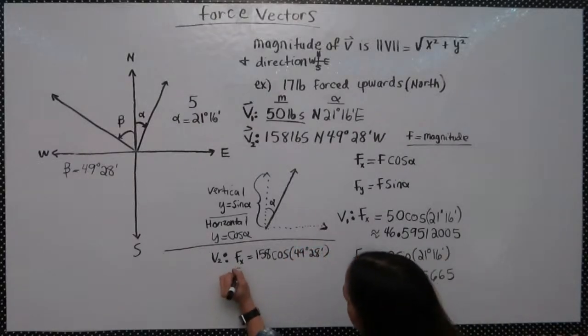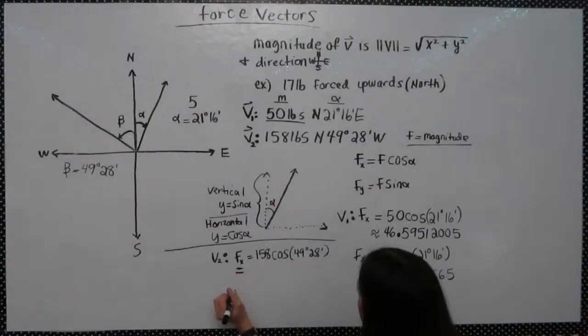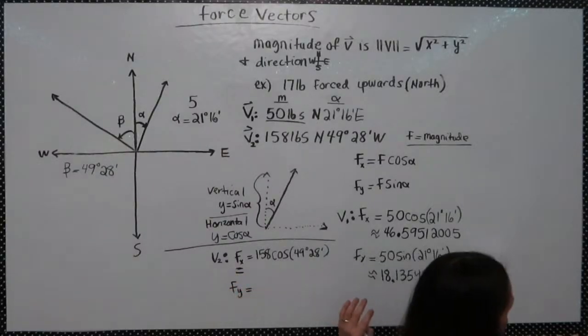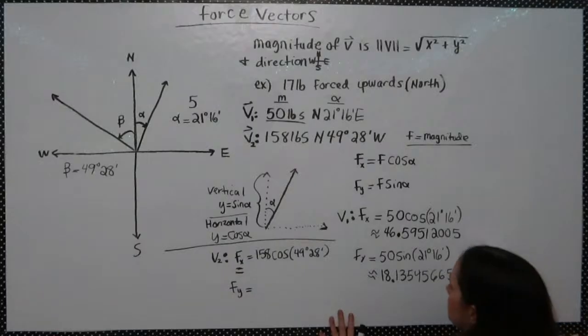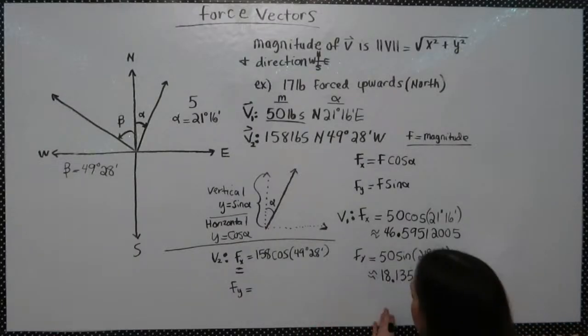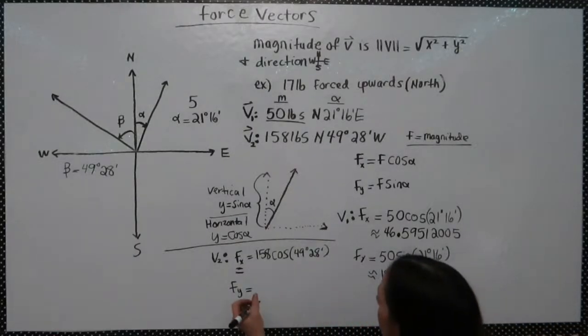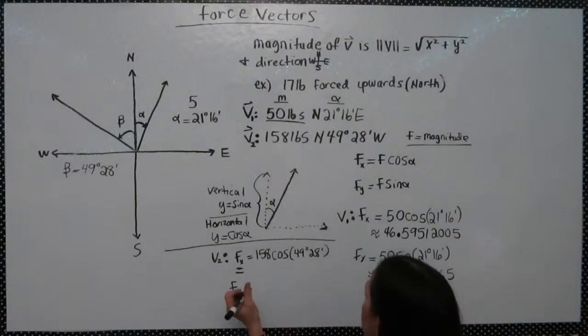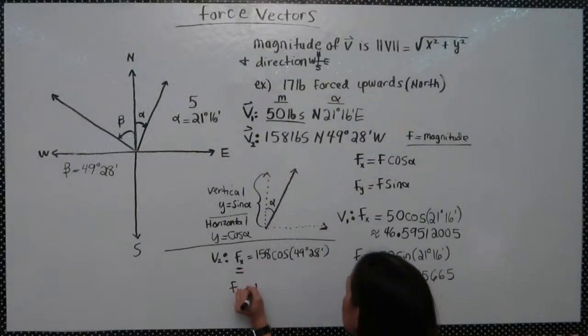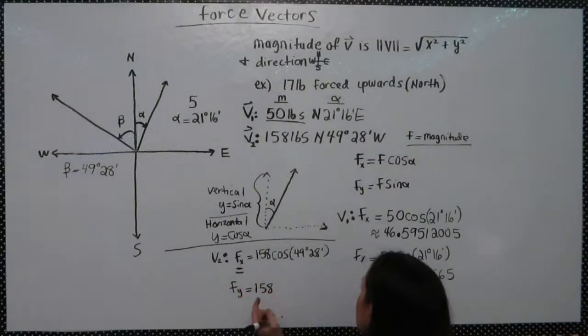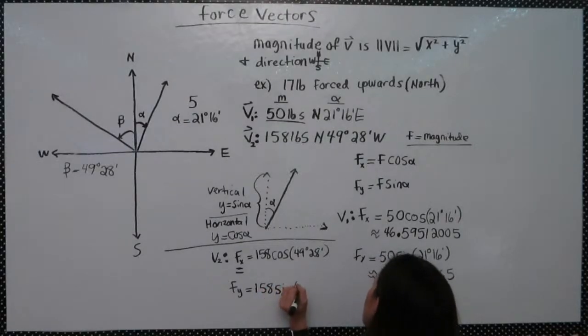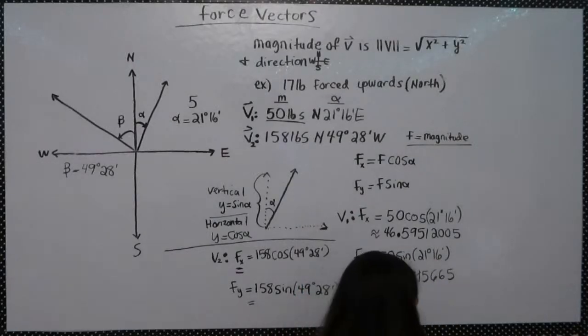Then we'll leave a line and calculate F sub y, the y component, so we can add these vectors. This is going to be 158, the magnitude, times the sine of your angle, 49 degrees and 28 minutes. All right, and let's plug these in.